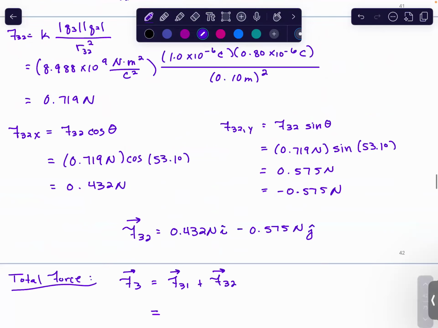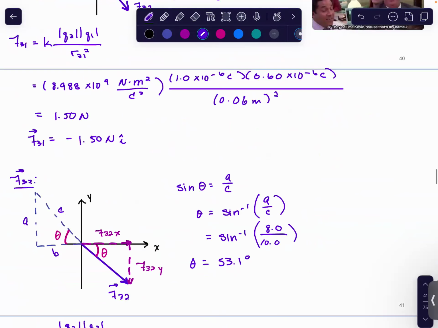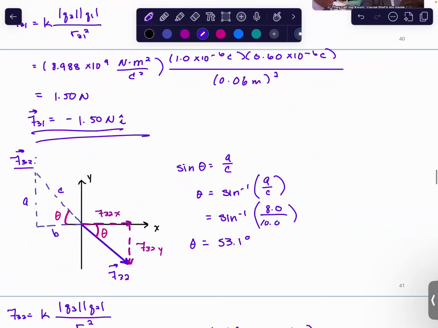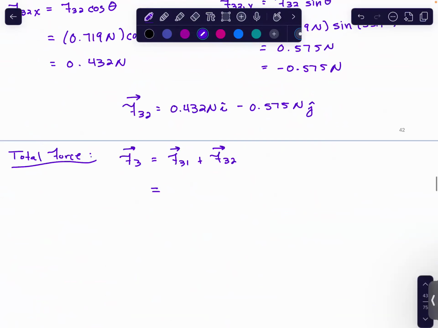Okay, so we go back up. What was our first vector? So it's that, so it's there. So we have a negative x, we have a negative component. It's all in the x direction. So let's remember what we're doing.